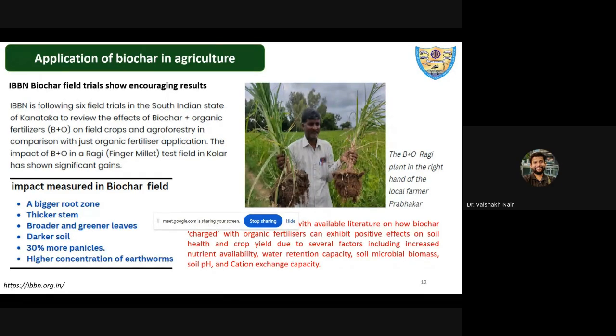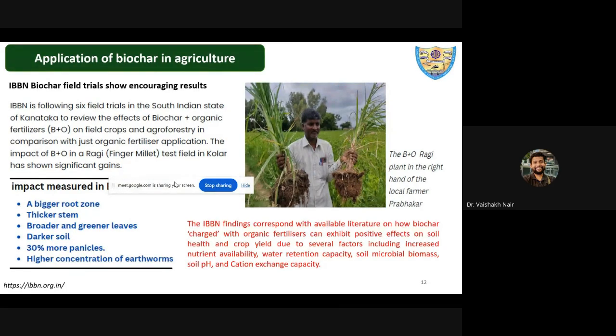You can see that the one in his right hand is the one where the soil is with biochar, with the organic fertilizer being put, and the other is where the biochar was not put. You can see the soil is very loose, or not bonded, where it is not used, whereas where biochar is present, the soil is much thicker and much more aggregated together. This is something you can visually see.